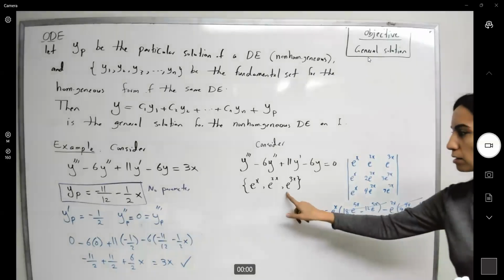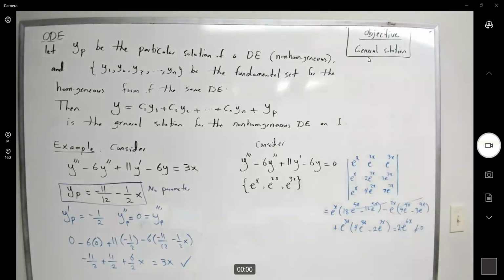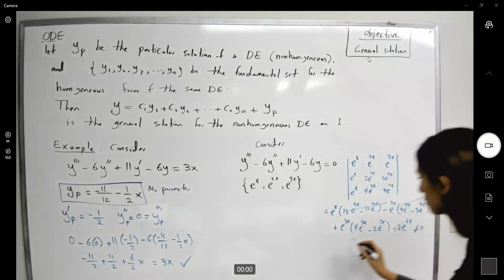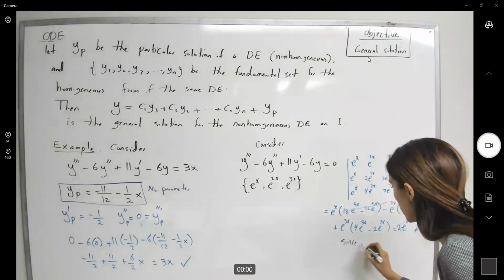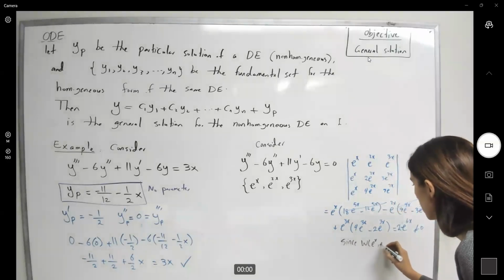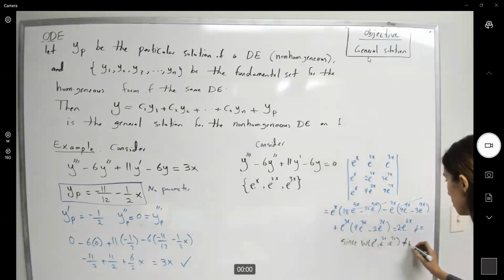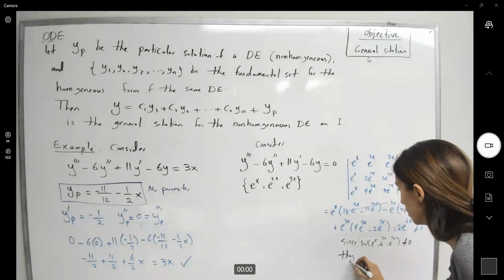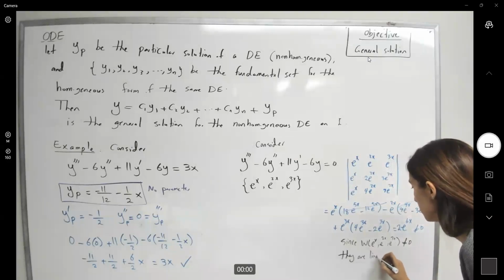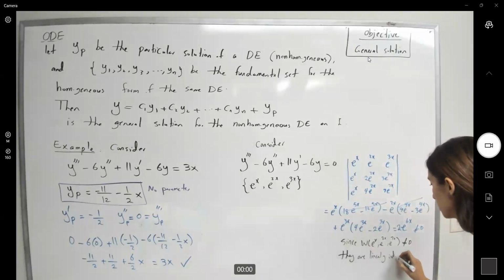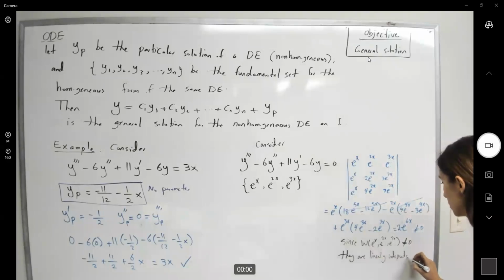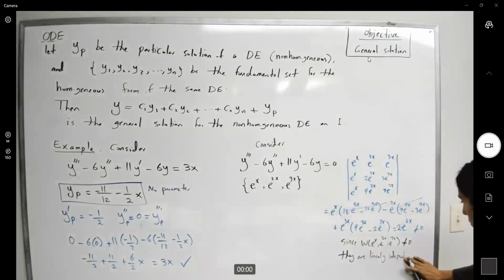It means that these are linearly independent. So since the Wronskian of e to the x, e to 2x, and e to 3x is never 0, they are linearly independent. And so we have a fundamental set.